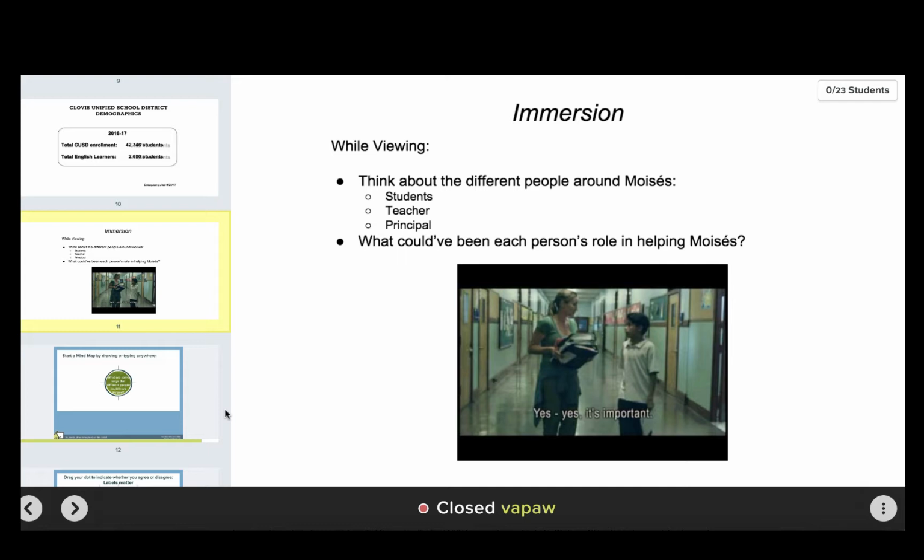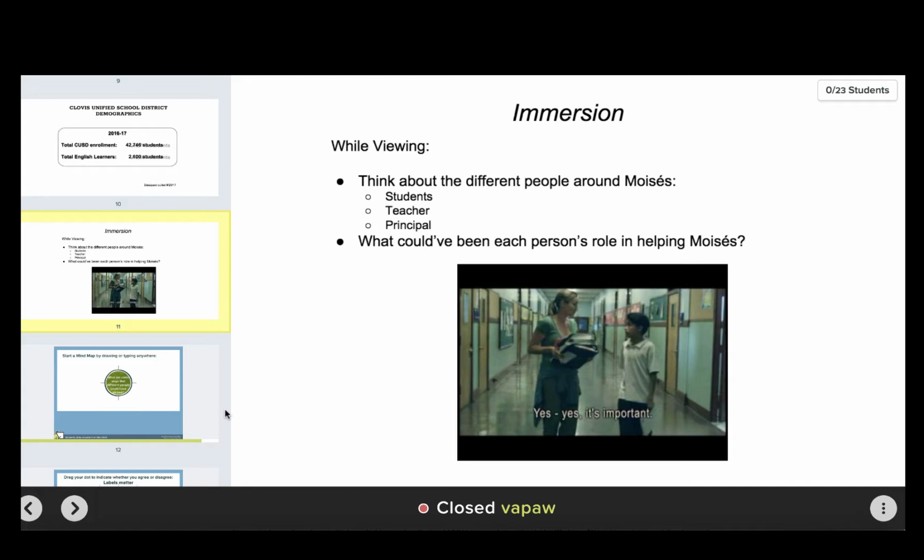Another way that this disaster could have been prevented, of course, is by offering a bilingual assessment. But as you know, California had Proposition 227 about 20 years ago, which essentially banned bilingual education. And so teachers were not allowed to give out bilingual assessments.